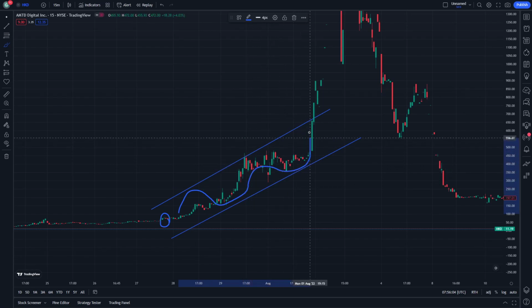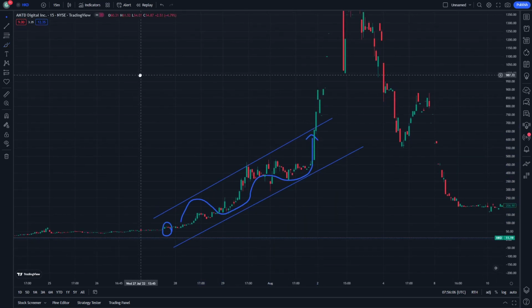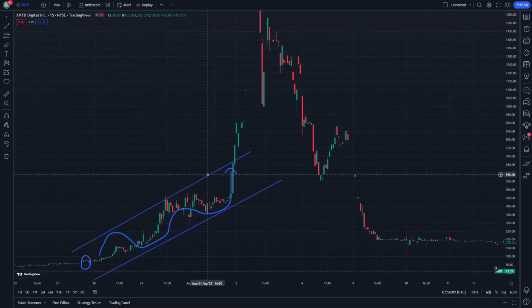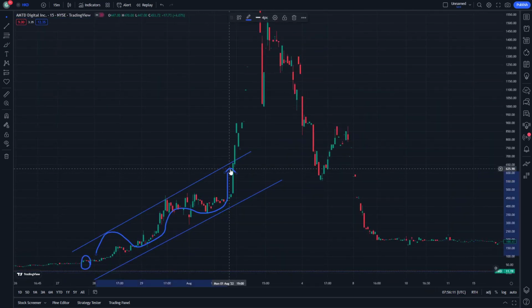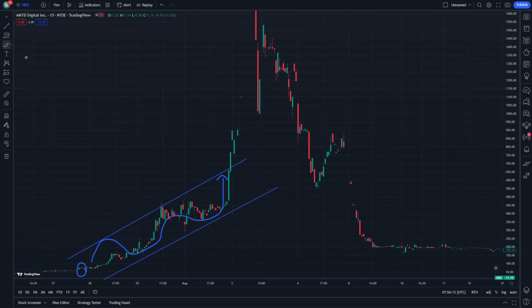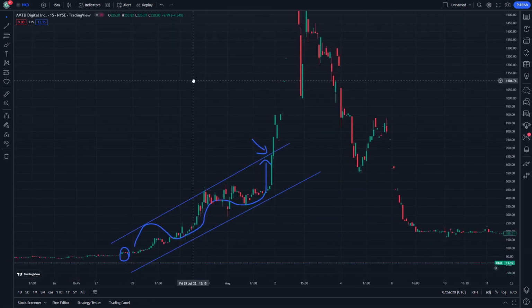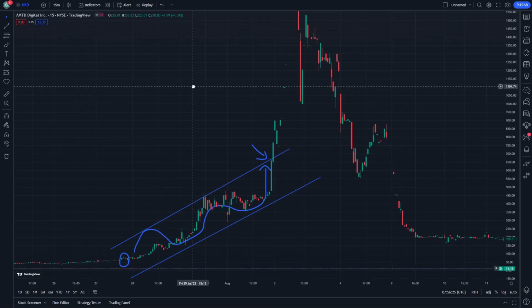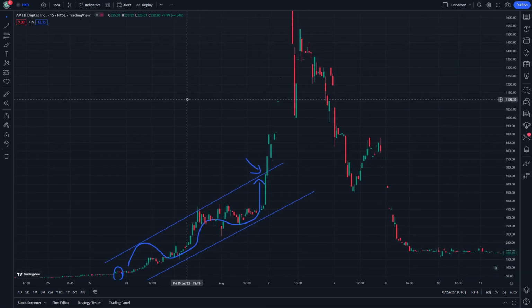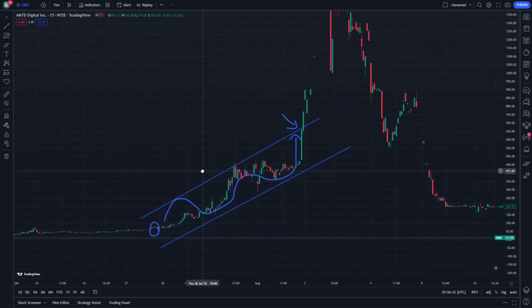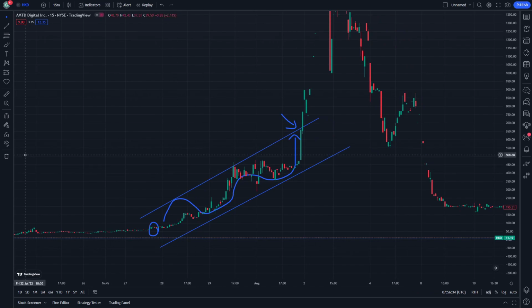This movement gives us feedback about AMTD Digital or HKD, and helps us know whether AMTD Digital will move like this or not, and where it is going to increase.